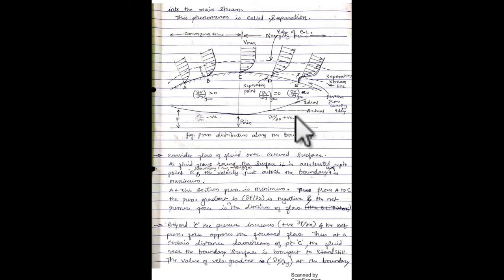That is positive, and hence this is a diverging section. There is a separation of the boundary layer from the streamline, which we can see by the dotted line. So the pressure gradient is an important parameter for boundary layer separation.